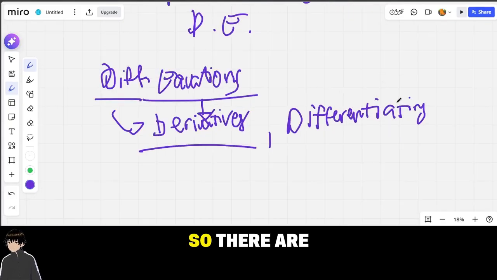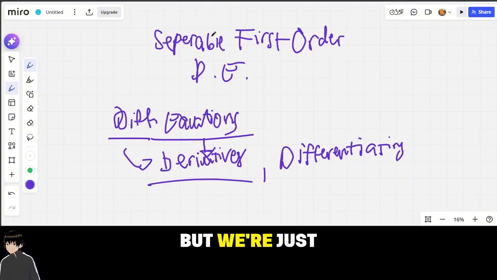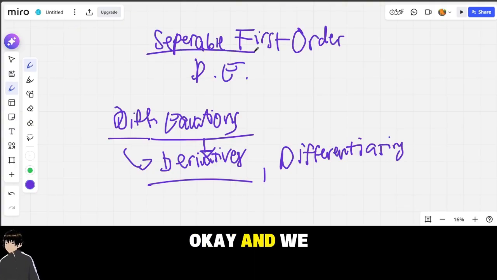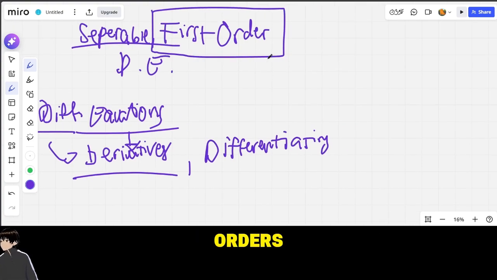Okay, so there are different types of differential equations, but we're just going to focus on this type of differential equation, which is separable. And we have to specify what order the differential equations are. There are different orders, but I'm not going to talk about that.